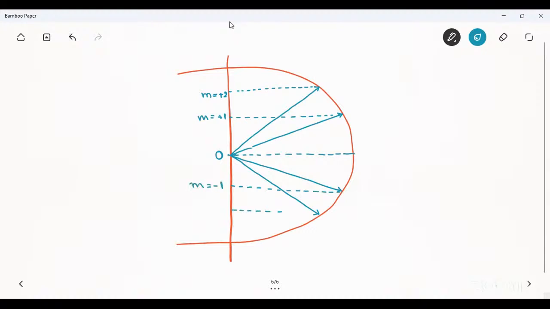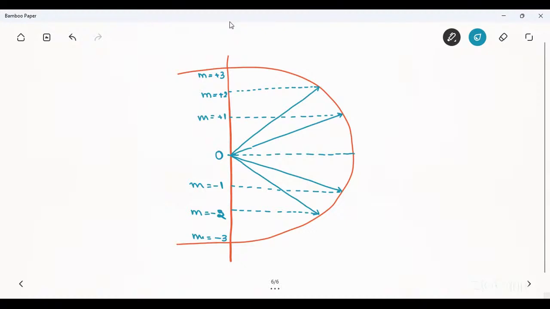And finally here, this will be m of -3, and this is m of +3. Here this value will be m of -2, sorry. So this is the overall diagrammatic representation of whatever you are writing.